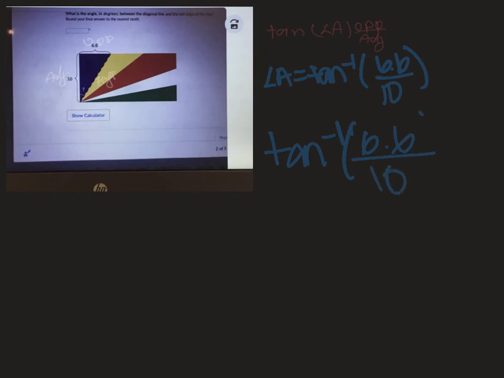Like this, and then you get 33.4, but use a calculator. That is your answer.